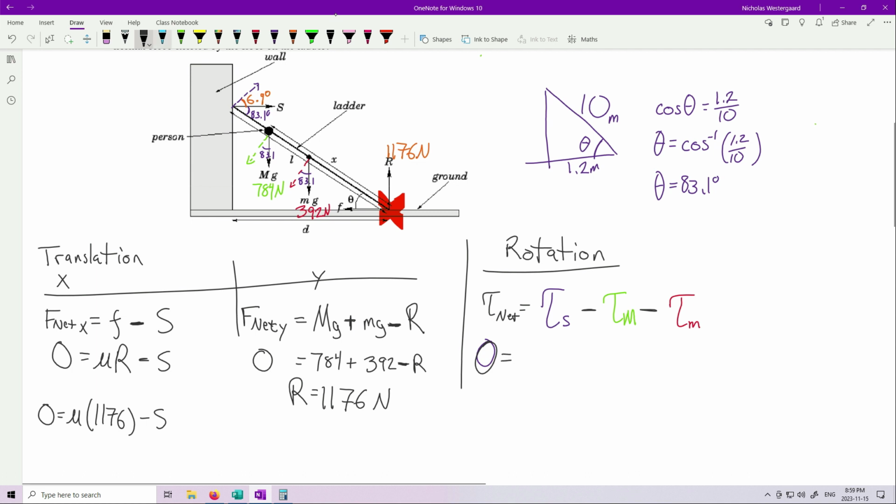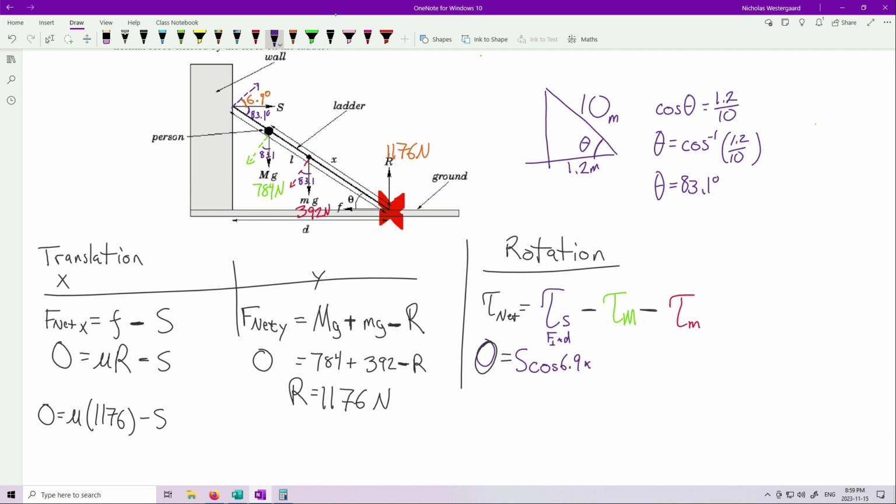Net torque is equal to torque S, which is force S multiplied by, and see how my inside angle is 6.9, cosine of 6.9 degrees multiplied by, because remember it's always F perpendicular times D. How far is S from our fulcrum?